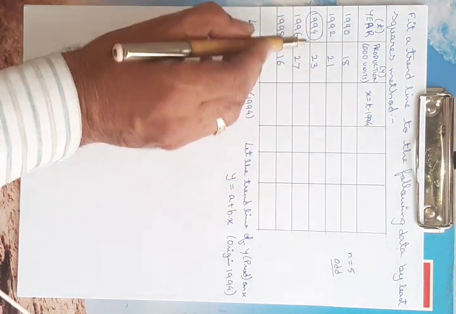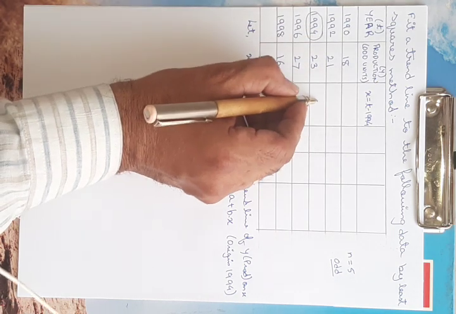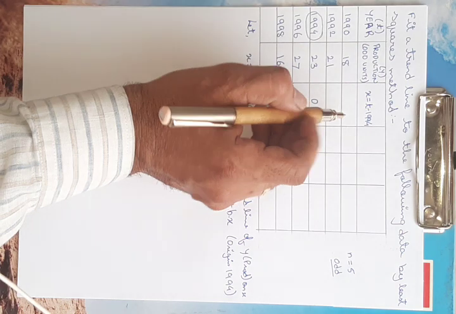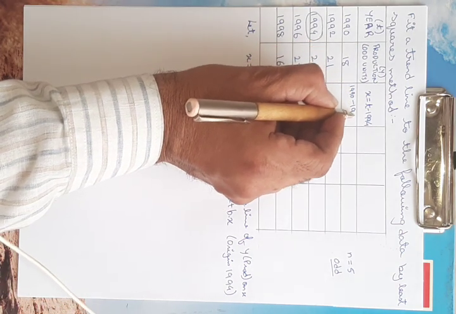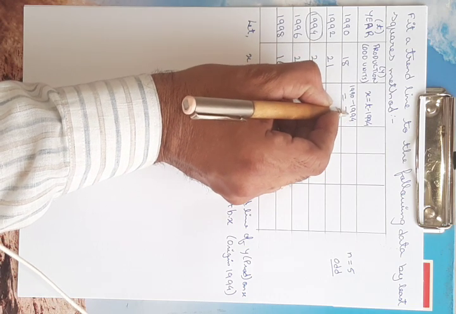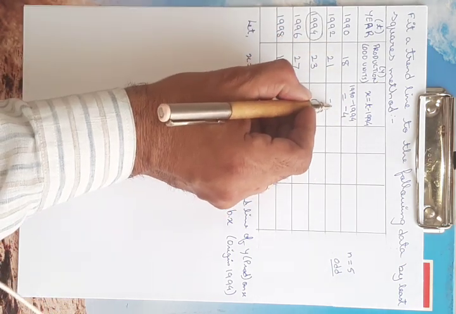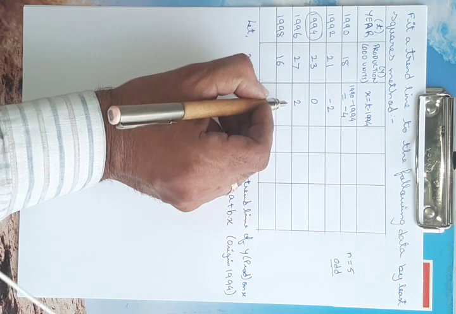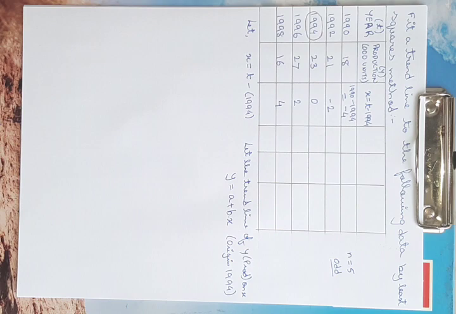So the value of t is 1994 minus 1994, that is 0. For 1990 minus 1994, the value of x will be minus 4, and for 1992 minus 1994, the value of x is minus 2. For 96 minus 94, the value of x is 2, and for 1998 minus 94, the value of x will become 4.